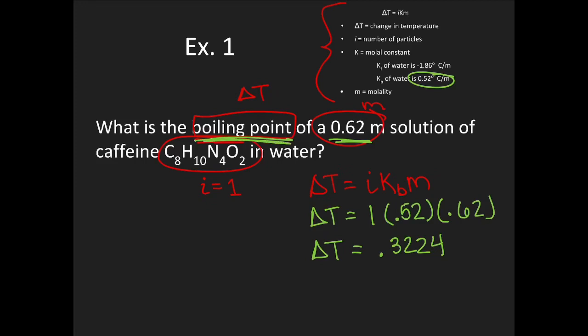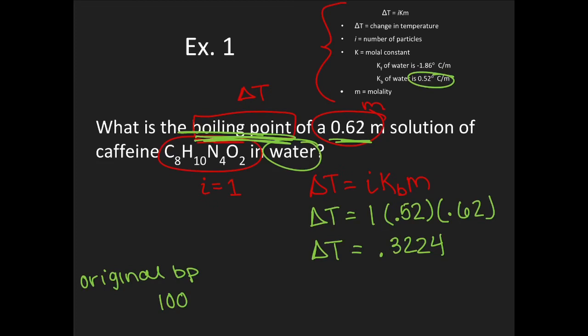It's asking me for the boiling point. Well, what is the original boiling point of water? We all know that the original boiling point is 100 degrees Celsius. All right, and so we know that what happens to the boiling point? Think about putting salt in a pot of boiling water. What does it do? It makes it hot. It makes the water have to get hotter in order to continue to boil.